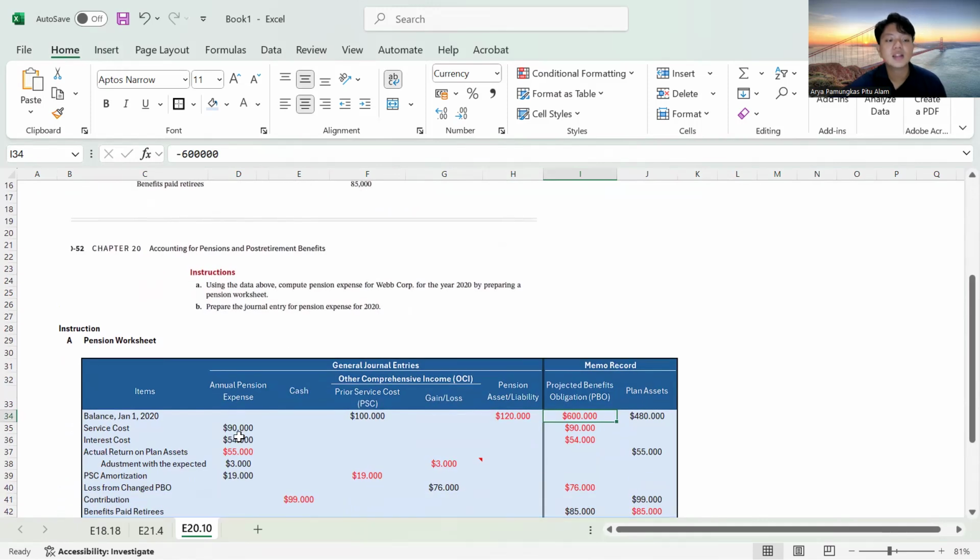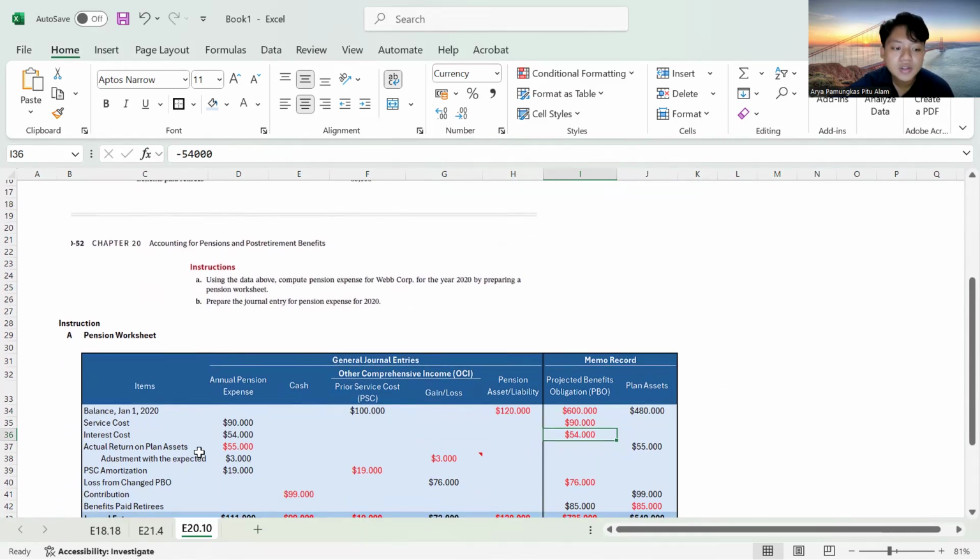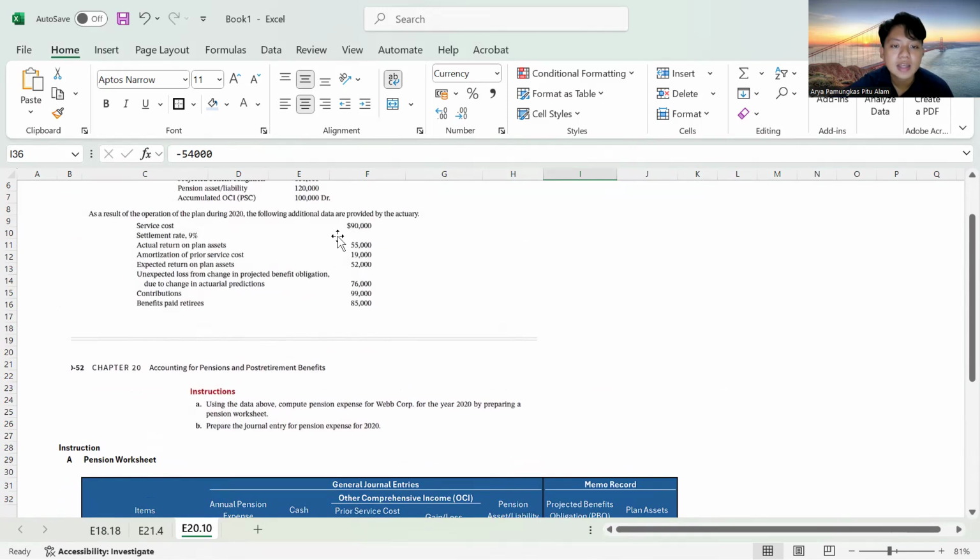And here's what we got. The interest cost would be $54,000.